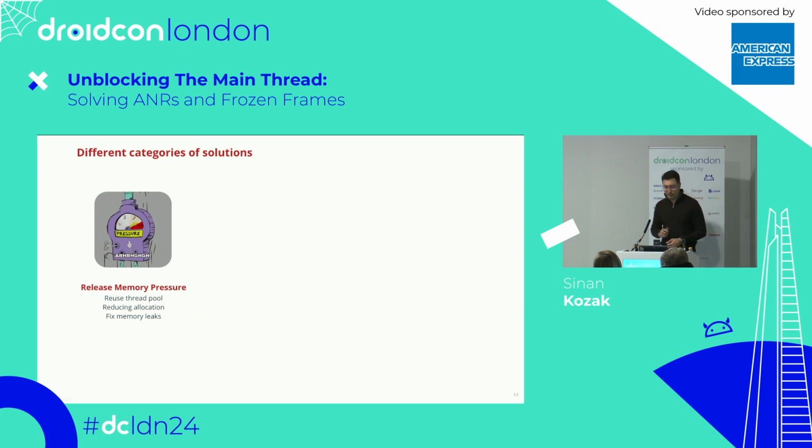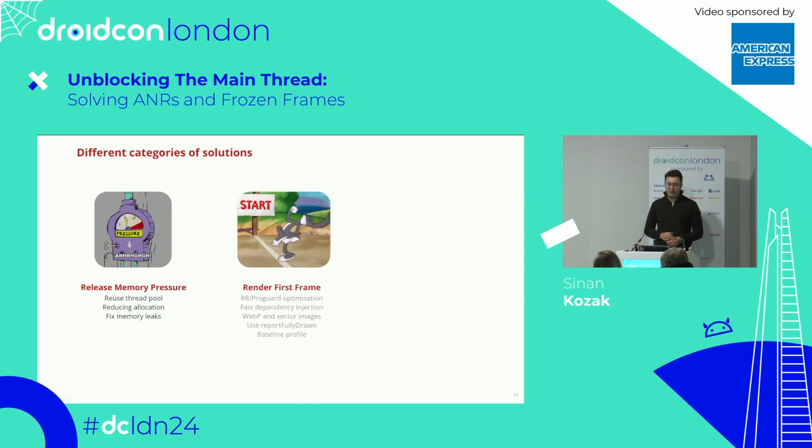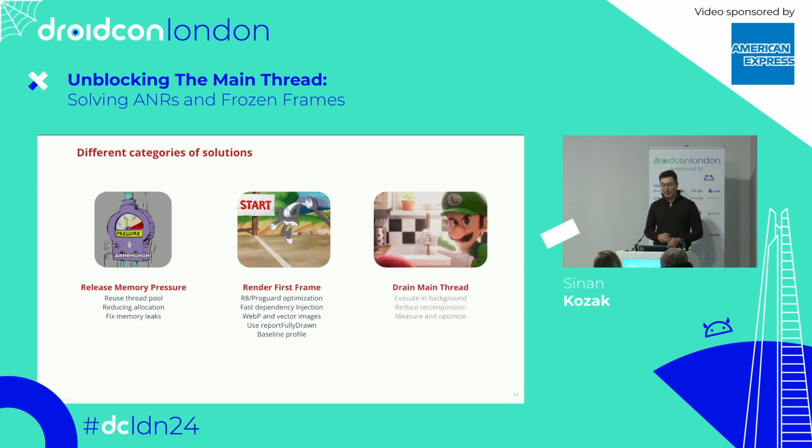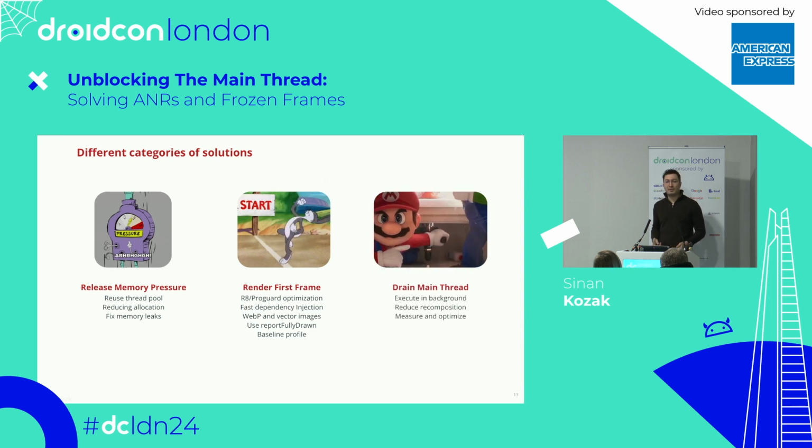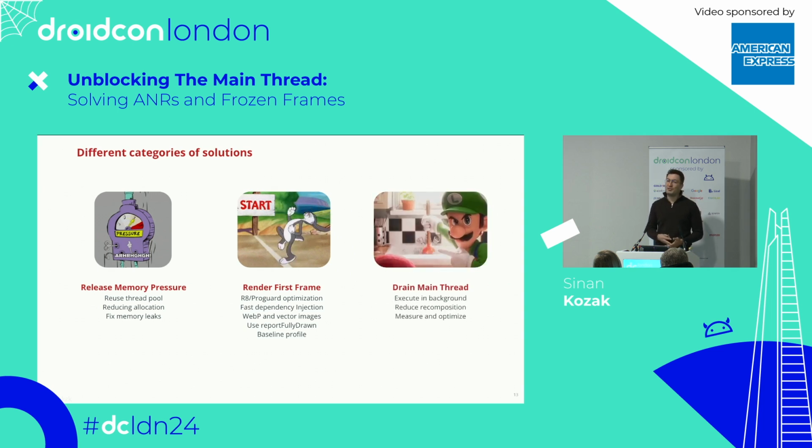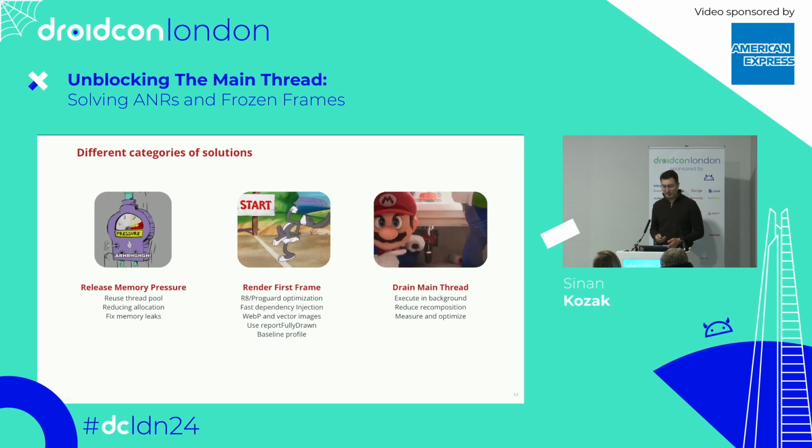I will talk about this in detail. The other important thing is rendering the first frame as quickly as possible, but also making sure the rest of the frames are rendered in reasonable time. And the last one is draining the main thread, making sure that none of the operations on the main thread are blocking your user experience.